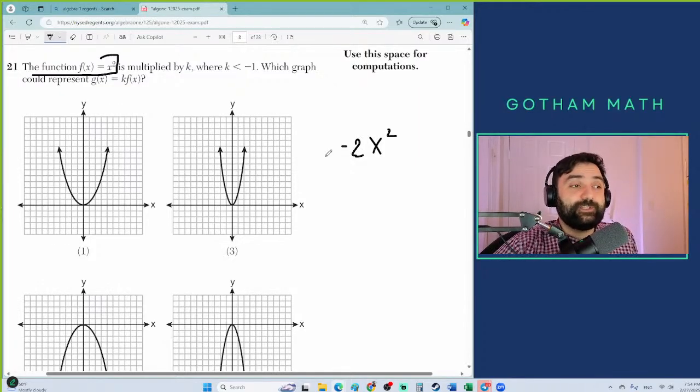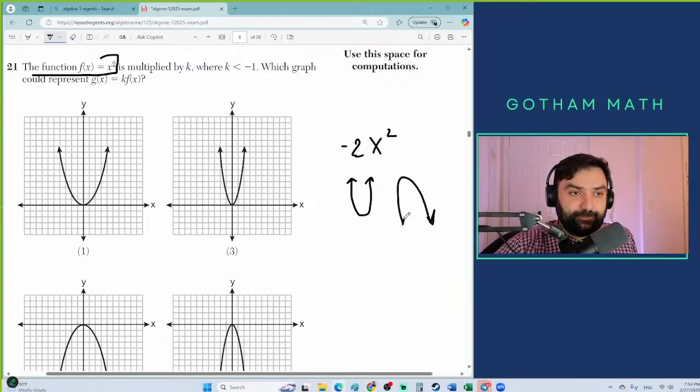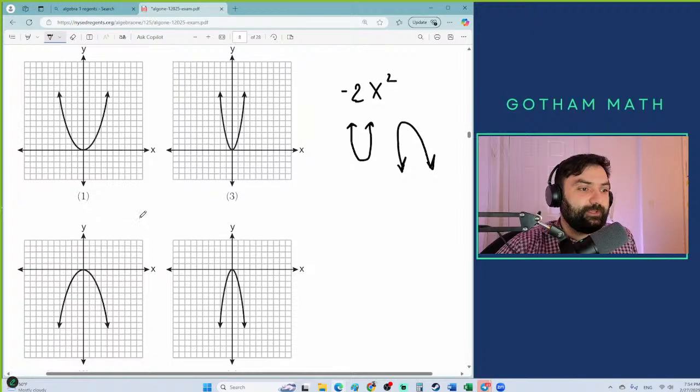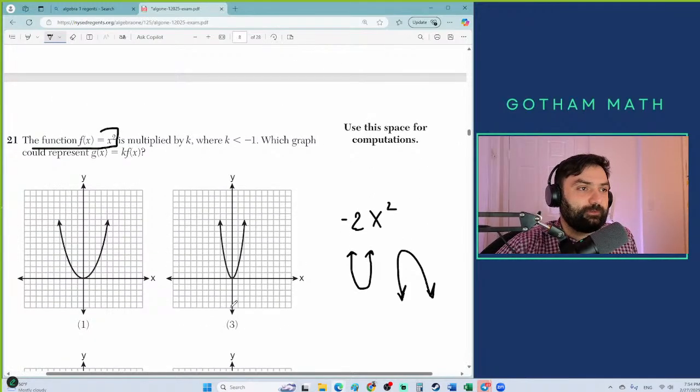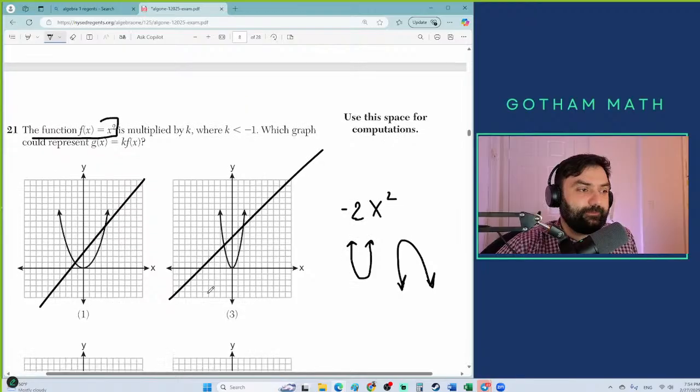When a function is being multiplied by a negative, it flips. So the original function x squared looks like this, and if you multiply it by a negative, it's going to flip down like that. So it means that the answer automatically is either 2 or 4. All right, we eliminate 1, we eliminate 3.